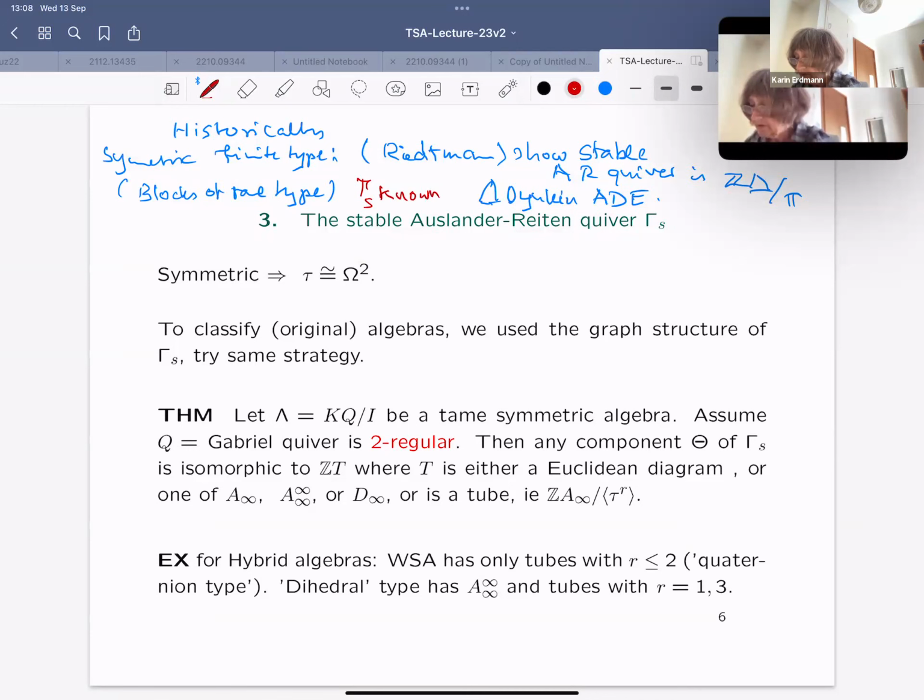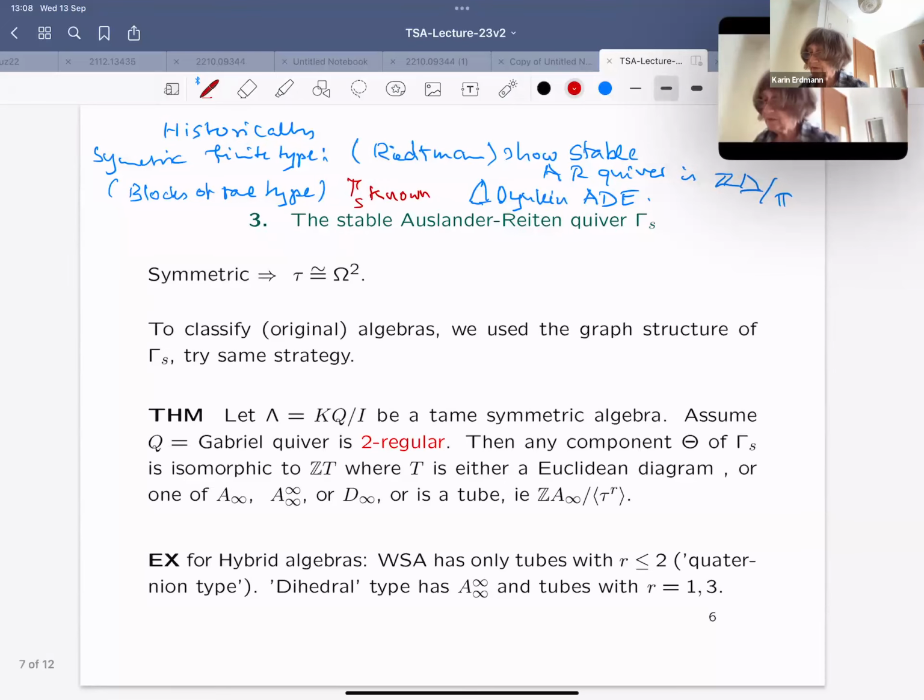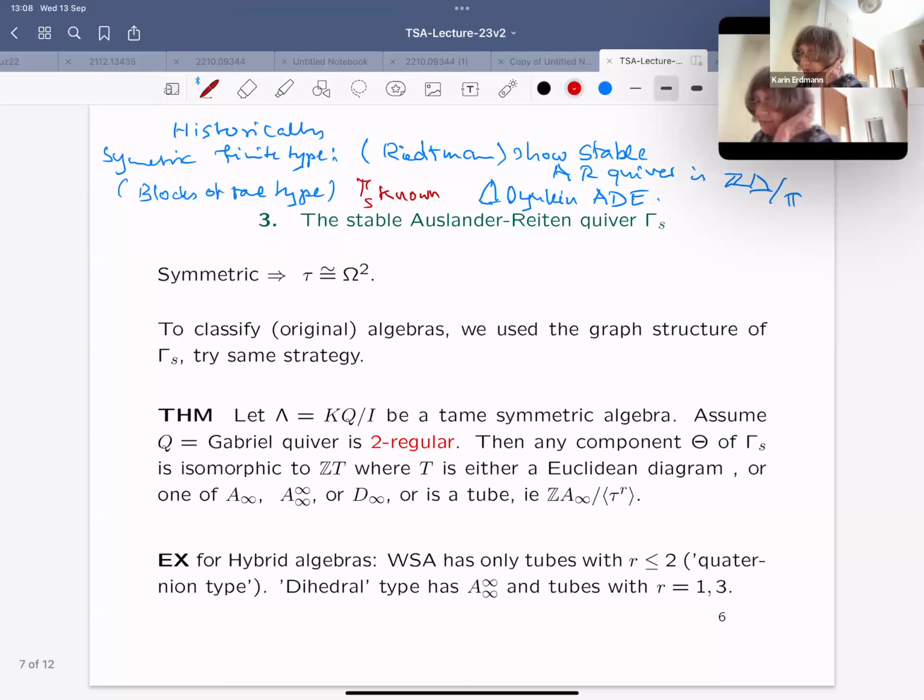And then I also took this stable quiver, put all the projectives back, and classified the algebras. And so basically we're trying to do the same here. I think this ought to be a reasonable strategy because, I mean, what else can you do? Right. And so as a first step, try the same strategy.